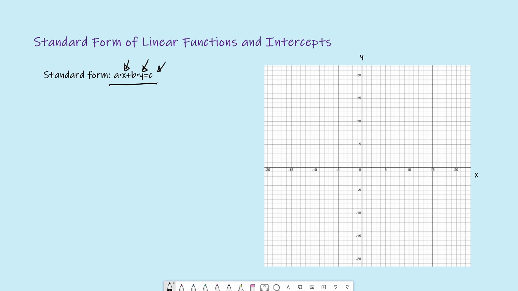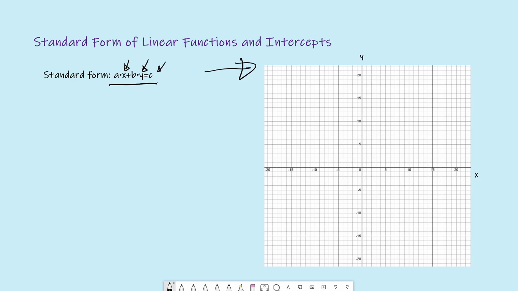In this form, we're really looking at the xy plane and not giving either one of the variables, x or y, a more significant weight. We do know that usually in our linear functions we have an independent variable and a dependent variable, but in the standard form this does not stand out.